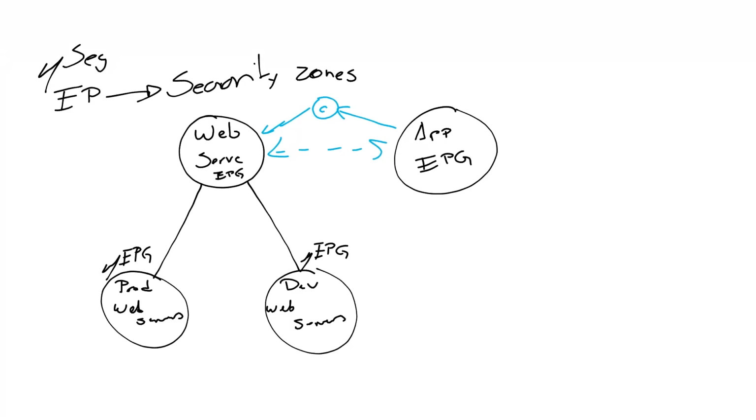Let me jump to another example of how microsegmentation is achieved. Let me draw a three-tier application architecture. We have our web server EPG, then the application EPG, and then an EPG that is going to be called quarantine.